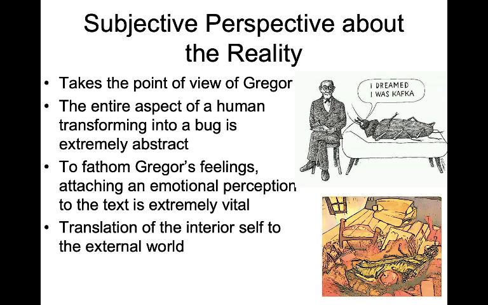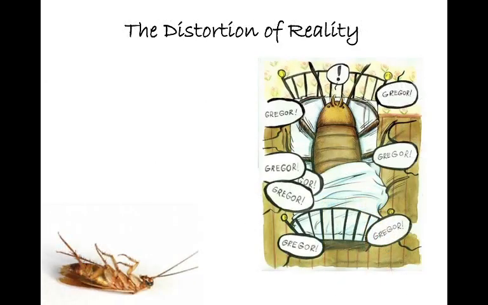And to fathom Gregor's feelings, attaching an emotional perception to the text is extremely vital. In so far, Gregor's physical manifestation constitutes a translation of the interior self to the external world. And that makes this work, The Metamorphosis, a stellar achievement of expressionism.